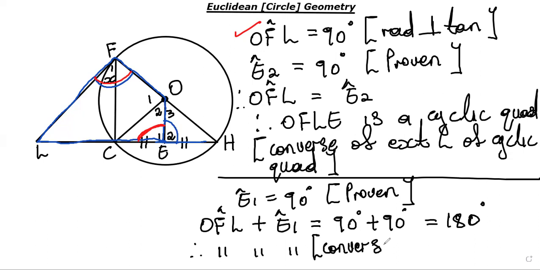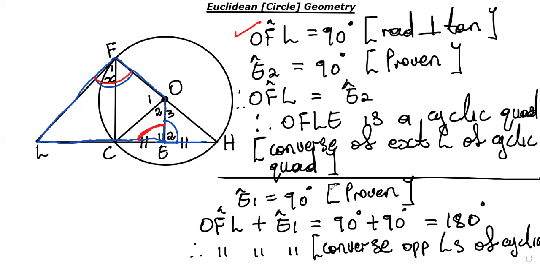Why? You have used the converse of opposite angles of a cyclic quad. Because the theorem says the opposite angles of a cyclic quadrilateral are supplementary.